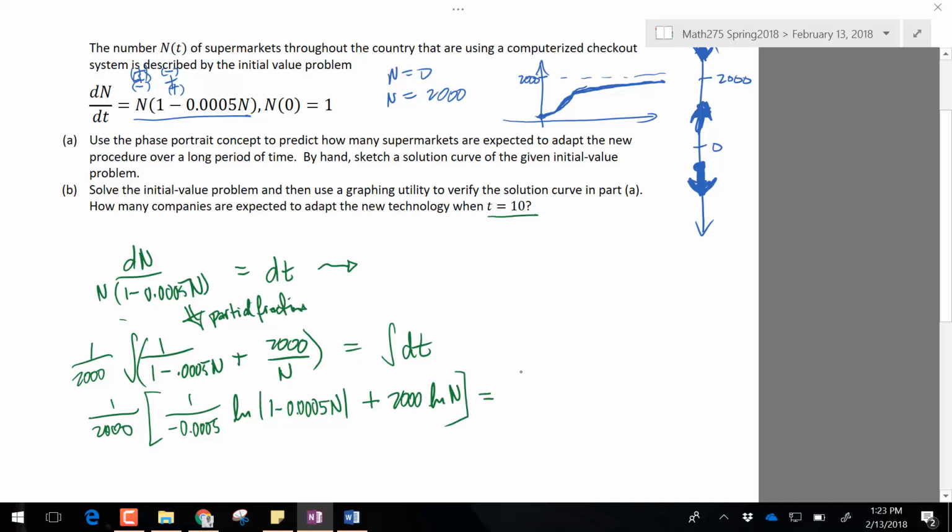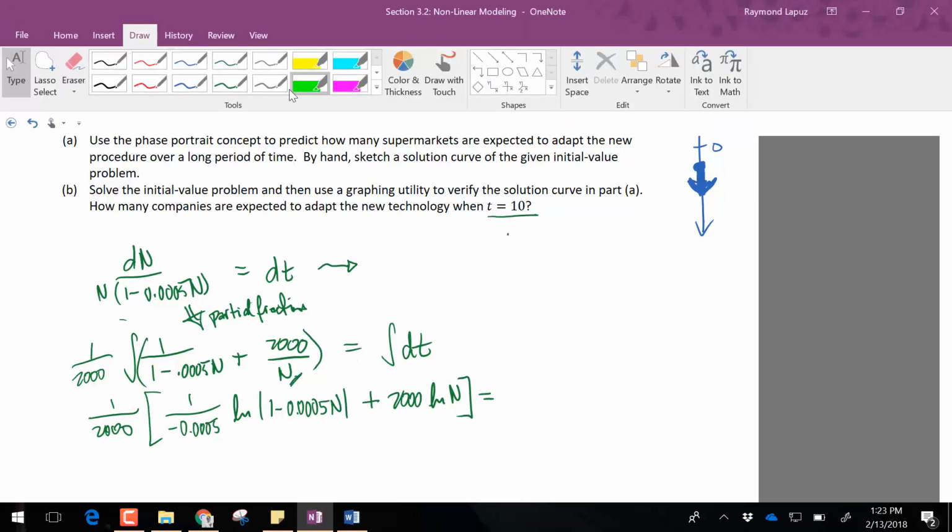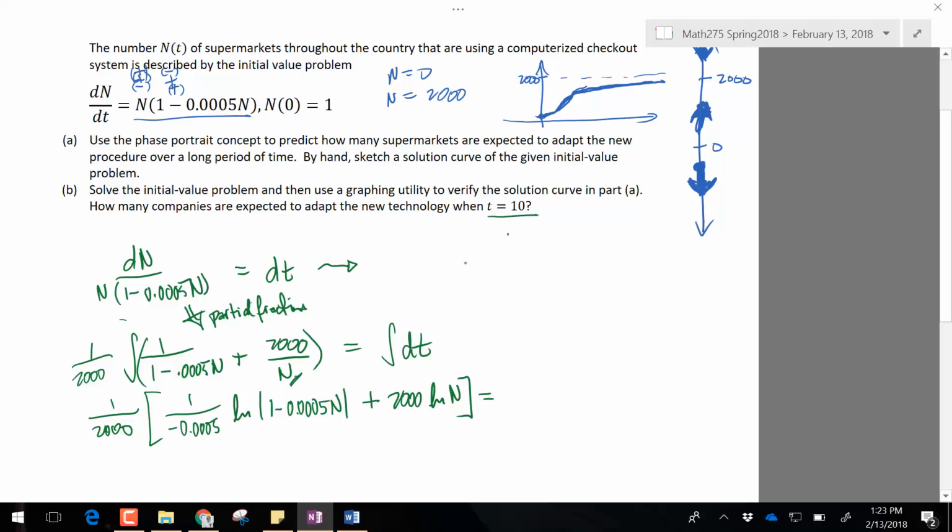Yeah, this thing. I think that's when you do one of these jobs and then solve for A and B. So I think somehow they got A to equal 2,000 and B to equal 1.